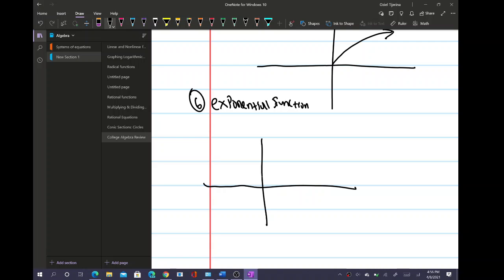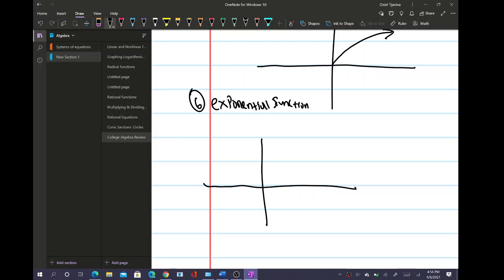A power function means that you have something to the x power, like 2 to the x, 3 to the x, 4 to the x. But it is also exponential. So I guess you can call an exponential function a power function. Actually, no, it is a power function.